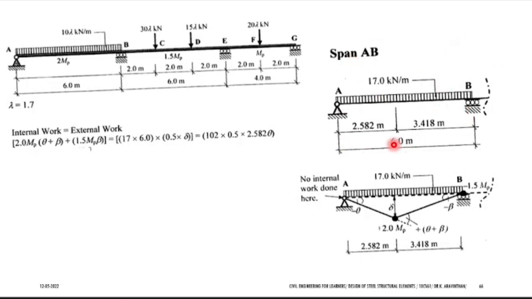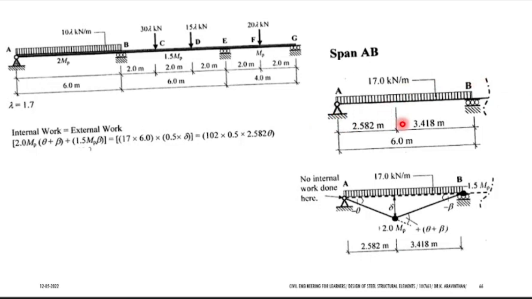When you are writing the mechanism, in previous problems you had only MP. Now you have to write 2 MP. Why? They have given in the data that it is 2 MP. If your span is empty, you can take it as MP. If your span is not empty and they have given any values, you have to take the same value here. Now take down this individual span and write the mechanism.